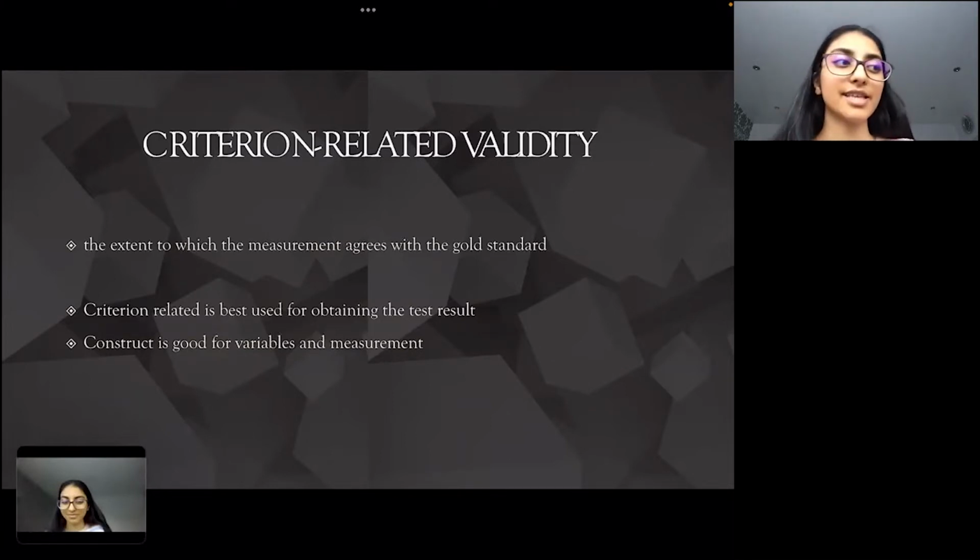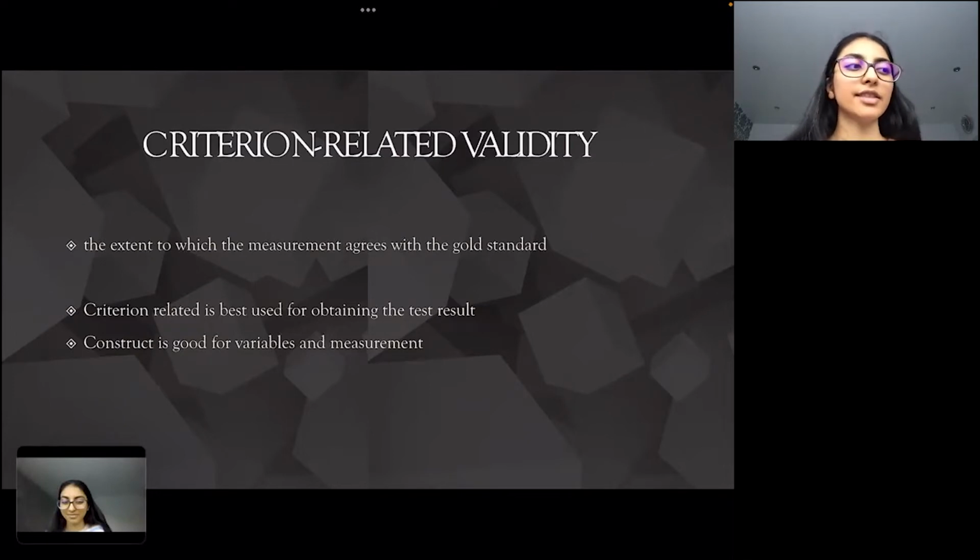Now, the reason for this is because the test got it right about 90% of the time, right? So it's showing that the test is good at determining whether or not a criminal will reoffend, but that could only be determined after we knew the outcomes, after we had actually found out if the criminals had reoffended or not.